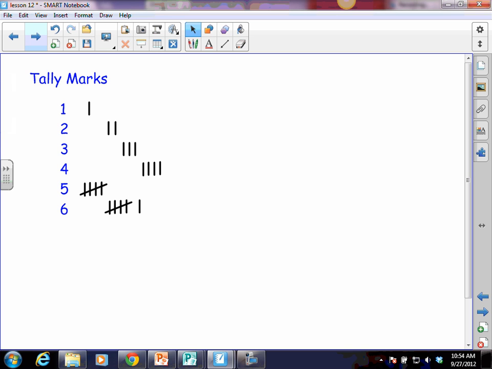And with this idea of tally marks, hopefully this is a pretty easy review, but 1 is represented by 1 mark, 2 is represented by 2 marks, 3 by 3 marks, 4 by 4 marks, and here is where we get our change, where we have the 4 vertical lines going down, where we have an oblique tally mark going across to get us our 5. And then as we continue on with 6, we continue that progression of having 5 written that way and then a single one.